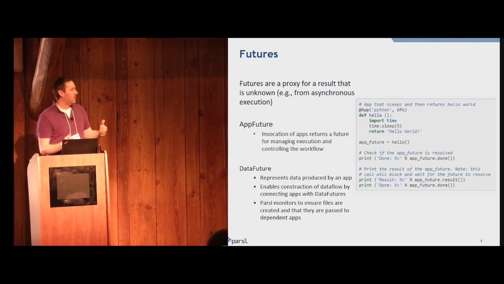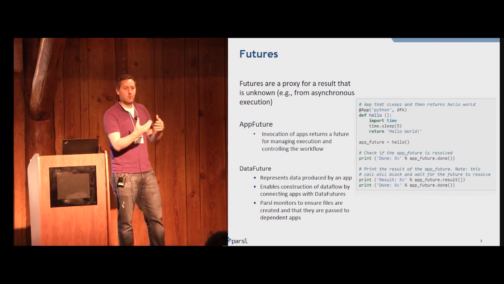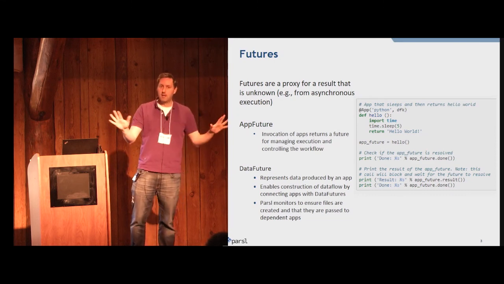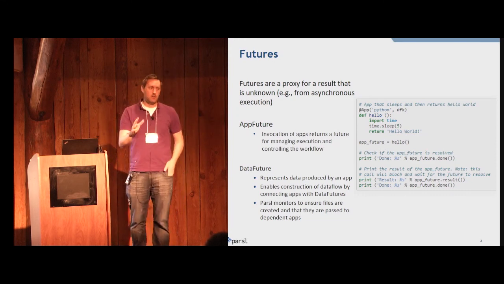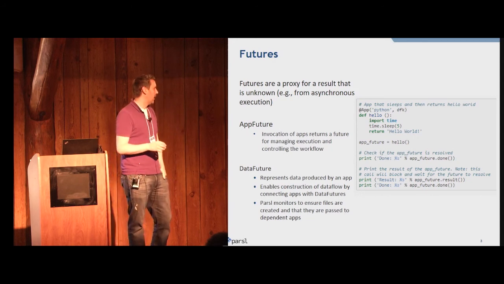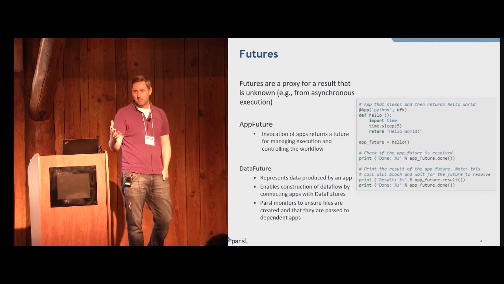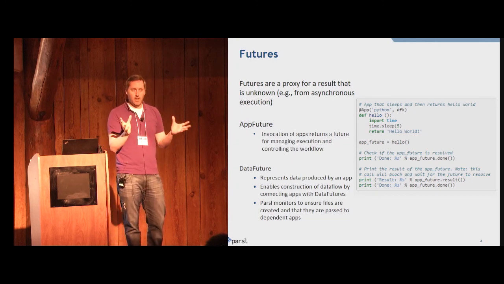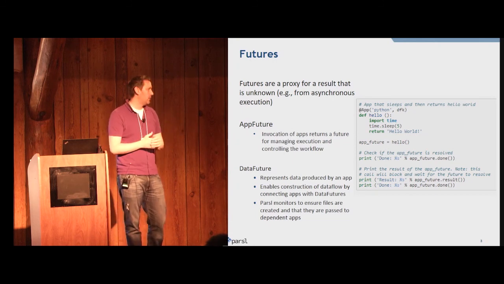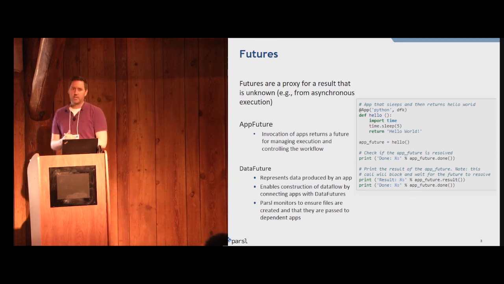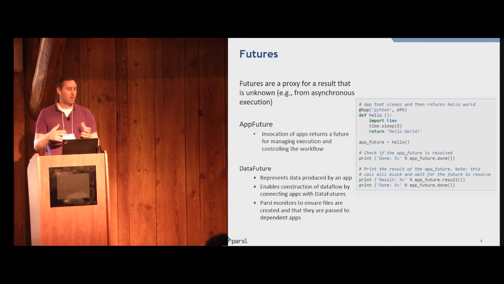And we can then pass that future to the next app, saying, well, the result of this first one is an input to the next one, and leave that to Parcel to handle how we actually schedule these things and run them in parallel. We have two types of futures. Every app basically returns a future. You can inspect it and see how that app's performed, what the result of that app is, and then data futures, which are essentially mappings to files or objects that are returned from a Parcel app.